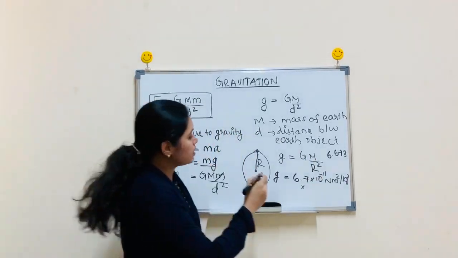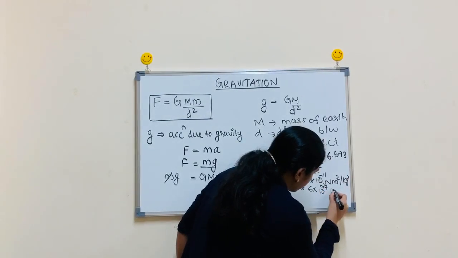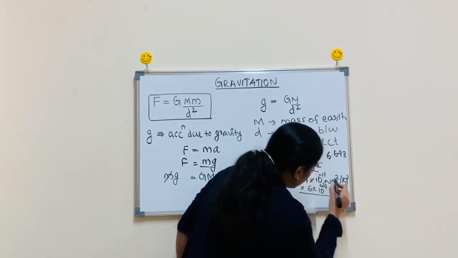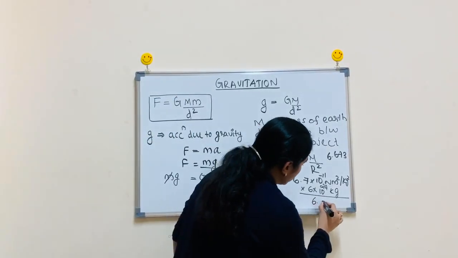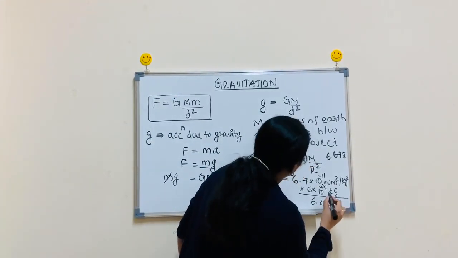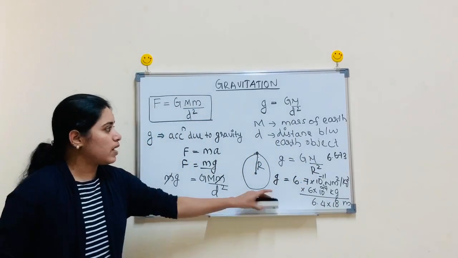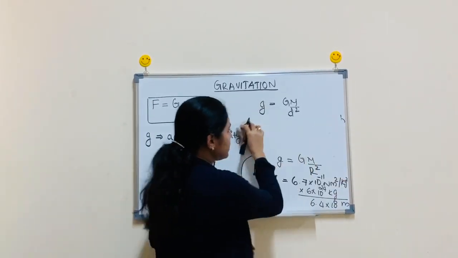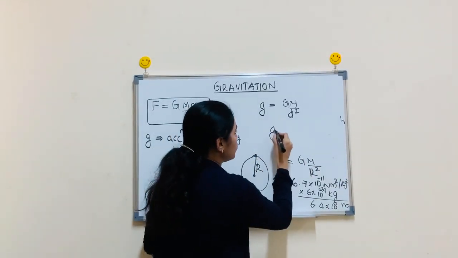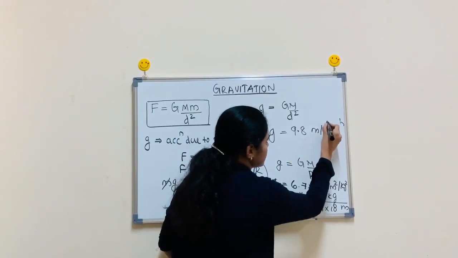The mass of Earth is 6 into 10 raised to 24 kilogram divided by radius square. The radius is 6.4 into 10 raised to 6 meter. While substituting all these values, we will get g is equal to 9.8 meter per second square.